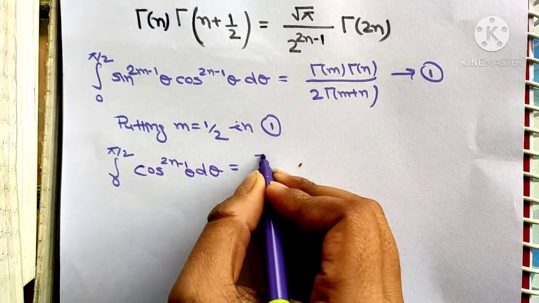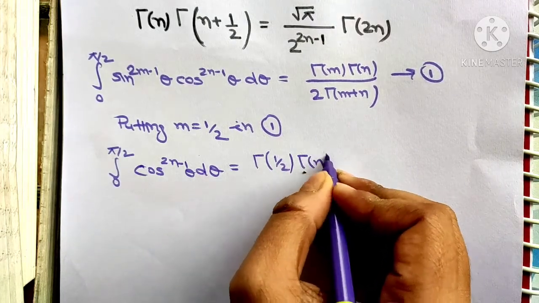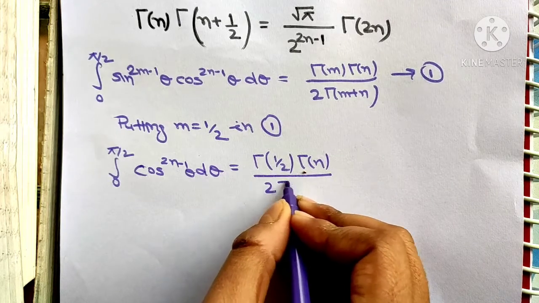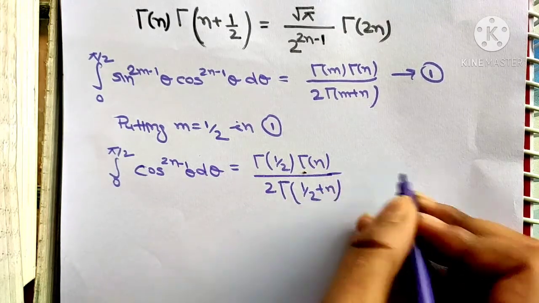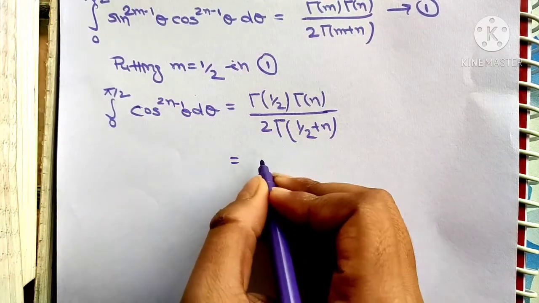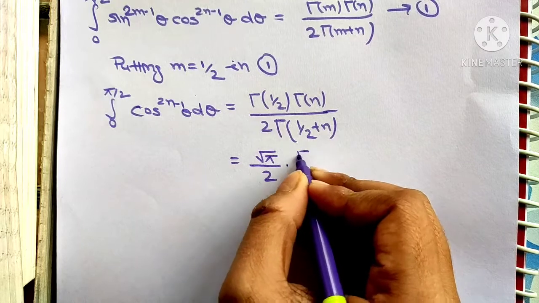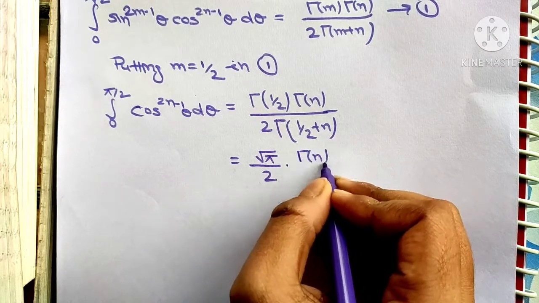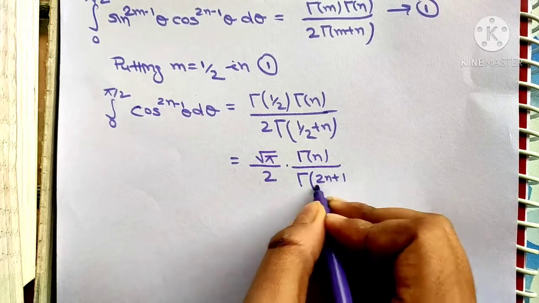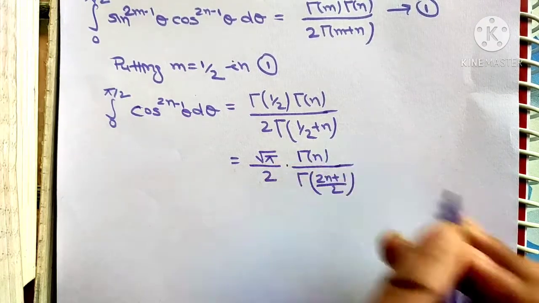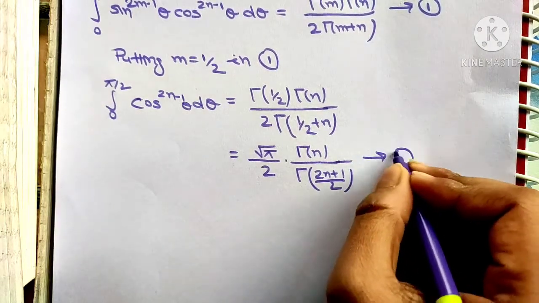This will become gamma 1 by 2 gamma n upon 2 times gamma (1 by 2 plus n). We put gamma half, and the value of gamma half is root pi. This is 2 gamma n, and this will become gamma (2n plus 1) upon 2. I just take the LCM simply. After that, call it equation 2.